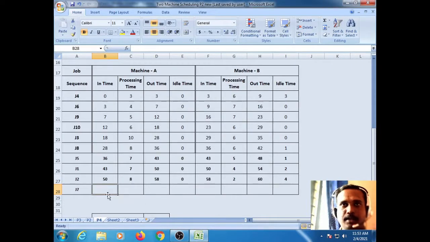Then the final job in the job sequence, job 7. For calculating job 7, the in time is the 58th hour, so we have to take 58 as the in time for job 7. What are the processing times for job 7?